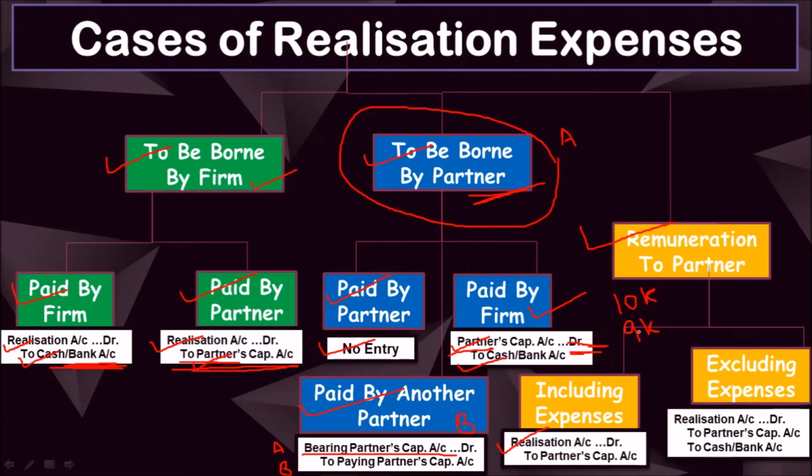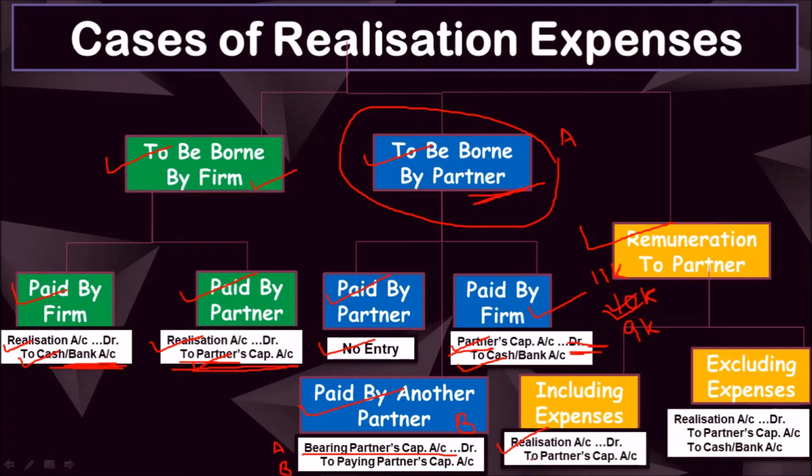In that case also we will pass this entry with 10,000. Similarly, if the realization expenses amounted to 11,000, in that case also we will pass the entry with 10,000. Understood? Because we are passing this entry for remuneration in the name of realization. That is why realization account will be debited and partners capital account credited.